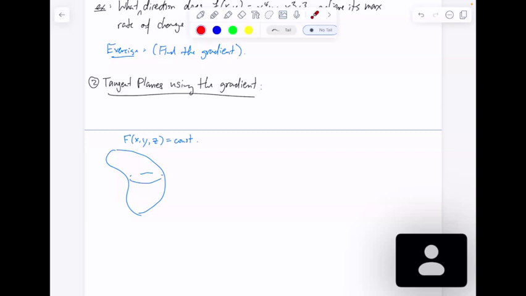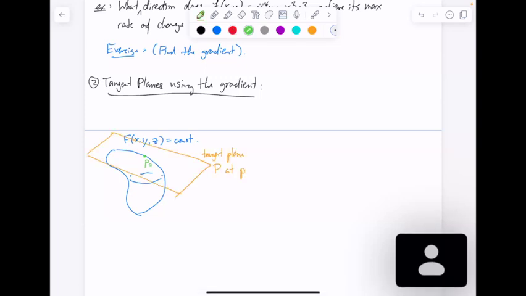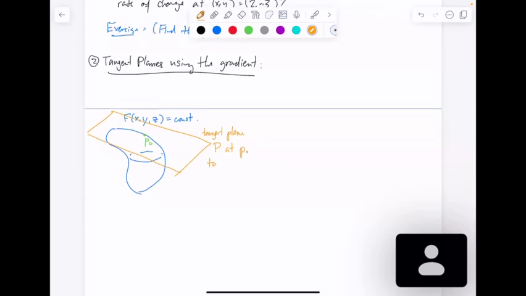A lot of surfaces are given in this form. And the question is, if I have a point P0 on the surface, can I find the plane that is tangent to it? I want to find the tangent plane at P0 to the surface F = C.